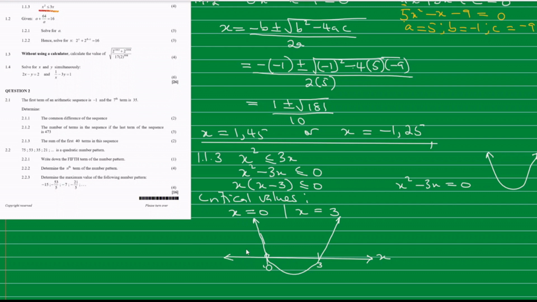In other words, it is positive, so the y values are positive. Between 0 and 3, our curve is below the x-axis, so the y values are negative. And then from 3 onward to infinity, the values are positive as well.